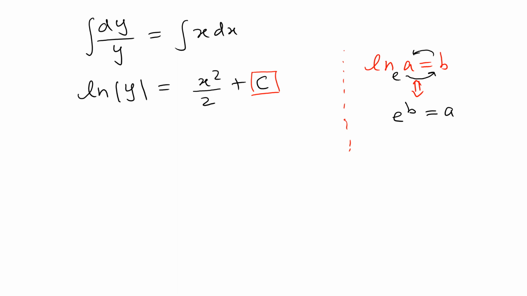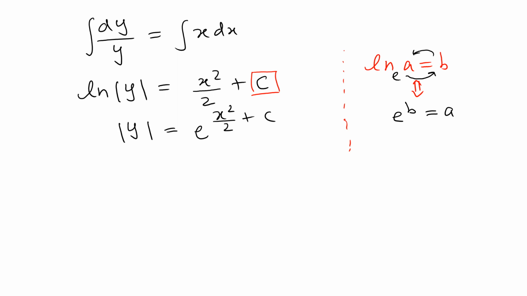Because of that, in the next line you can see the absolute value of y equals e to the, and whatever is on this side, so e to the x squared divided by 2 plus c.